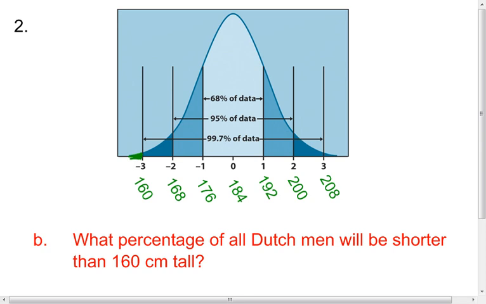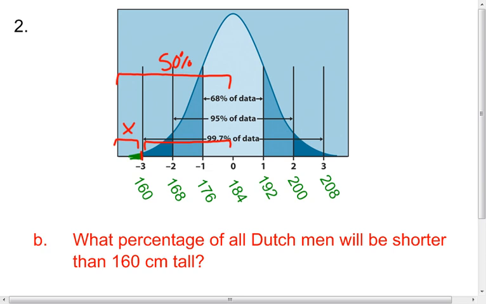But again, you're going to figure that out, and I always start with the 50. So from here to here is 50%. We know that from the mean or the median or the mode is 50%. Then this is 3 standard deviations below, so I'm going to use this 99.7. From there to there is going to be half of 99.7. And then the difference here is what you want to find out.